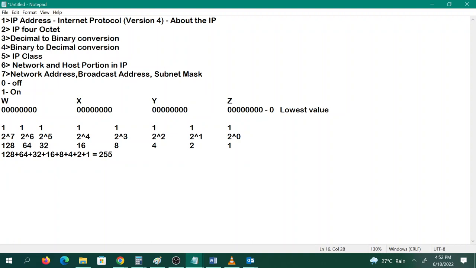If we change the bit values, suppose we put the bits as 0, 1, 1, 0, 1, 1, 0, 0. What will it come to?